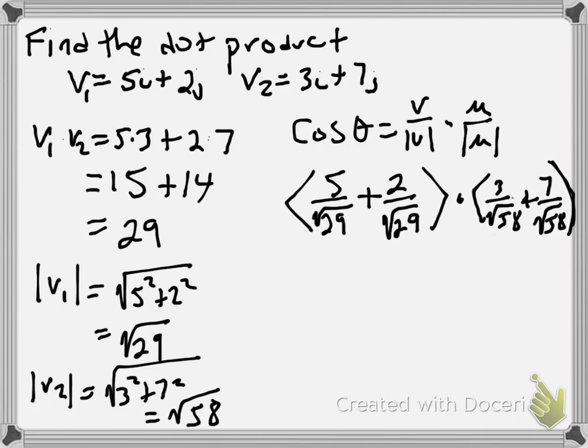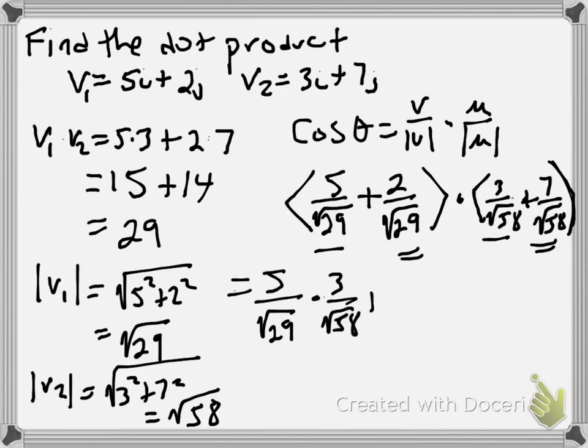Now, in order to do the multiplication of these two, again I'm going to have to multiply these two plus the multiplication of those two. I'm going to try to write this the best that I can here. So 5 over the square root of 29 times 3 over the square root of 58, plus 2 over the square root of 29 times 7 over the square root of 58.